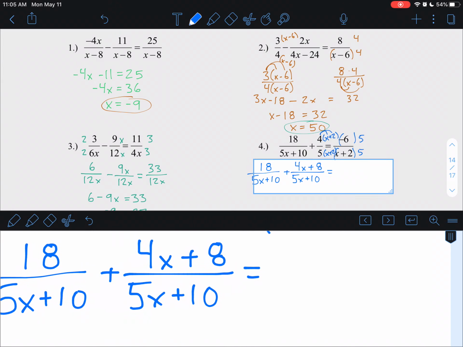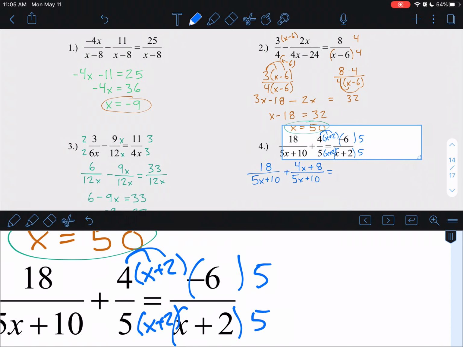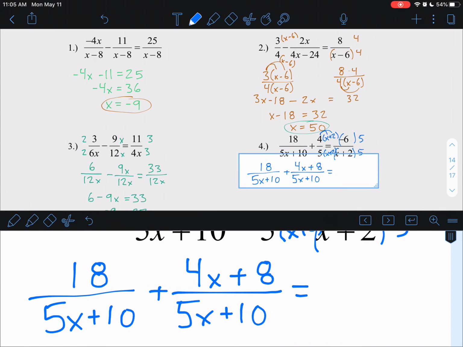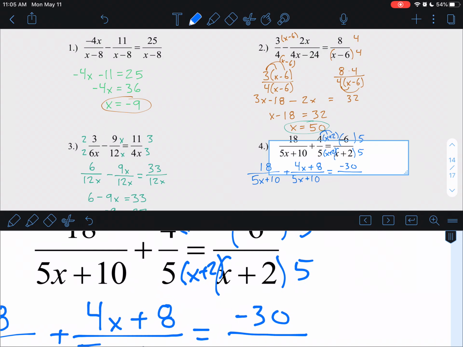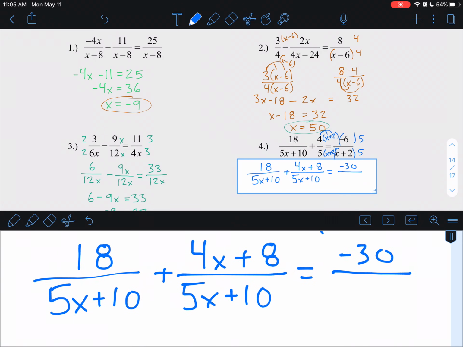Equals, and then I have negative 6 times 5, which is negative 30, over 5 times x plus 2, and hopefully we know by now that that is going to be 5x plus 10.